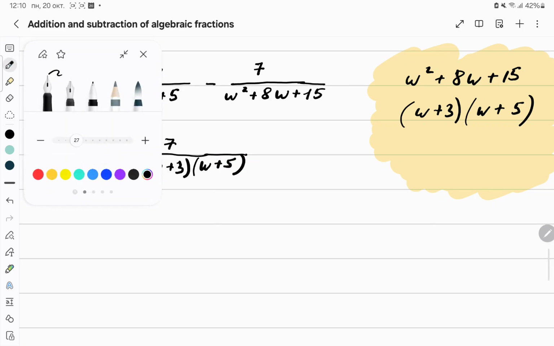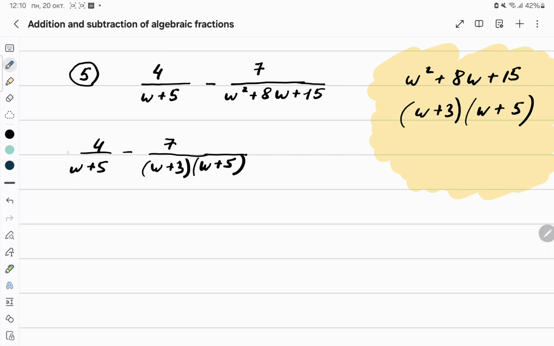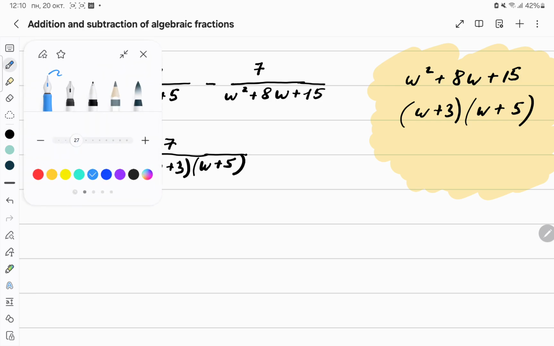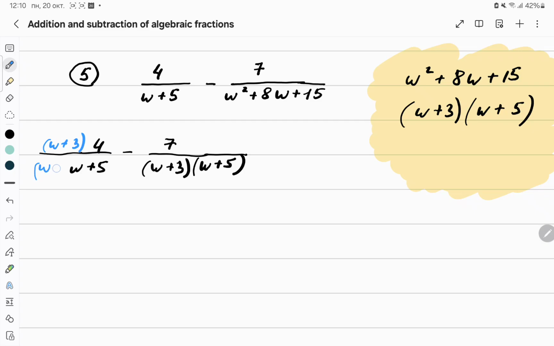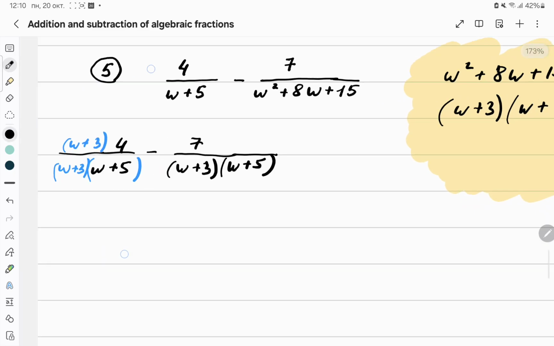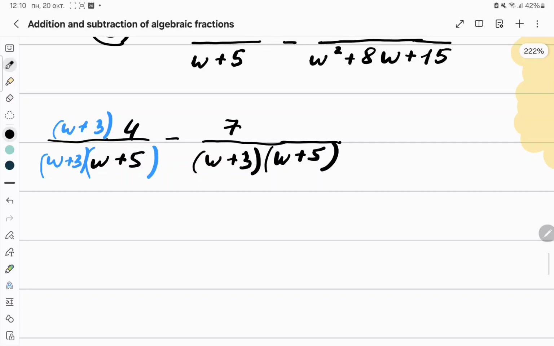So to make the first fraction have the same denominator as the right fraction, we have to multiply by w plus 5 both numerator and denominator. And the second by w plus 3. Okay, now let's simplify. Let's write it in more proper form.